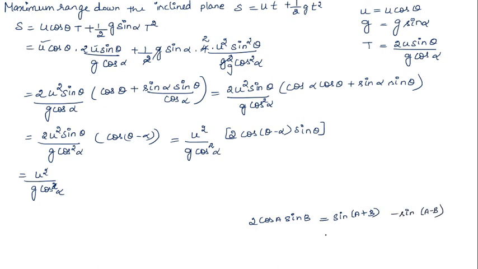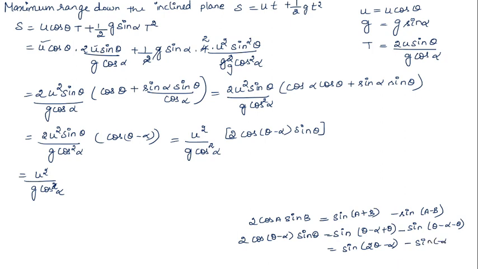So 2 cos of theta minus alpha into sin theta will be sin of theta minus alpha plus theta, minus sin of theta minus alpha minus theta. Okay. So this will be sin of 2 theta minus alpha, and minus sin of minus alpha, since theta and minus theta get cancelled.